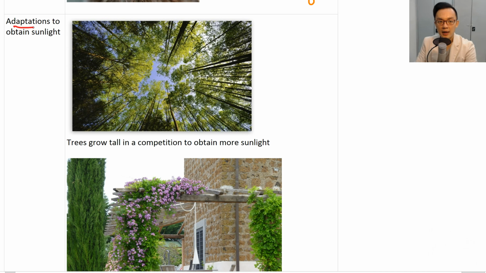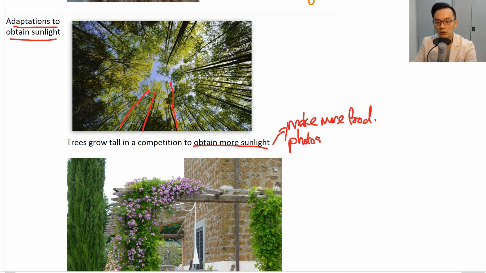So now let's look at plants. Plants have adaptations to obtain sunlight. Alright, so trees will grow very tall in order to obtain more sunlight. Okay, so again, why do they want to obtain more sunlight? So that they can make more food, and they make more food through the process of photosynthesis. Alright, so they have this competition to grow as high as possible, to get as much sunlight as possible.